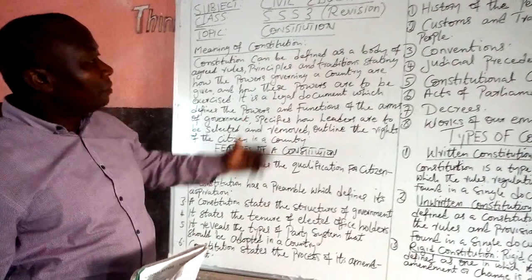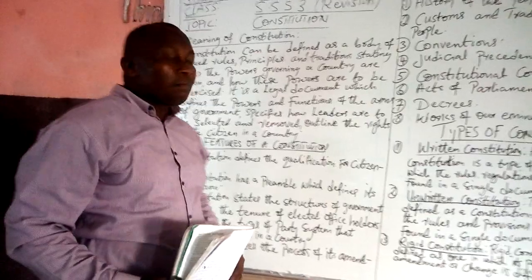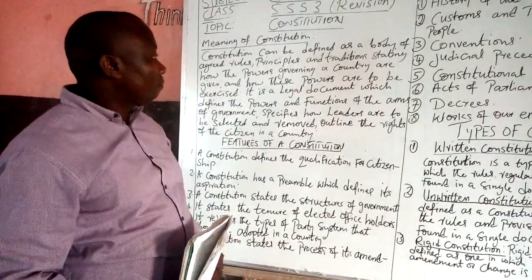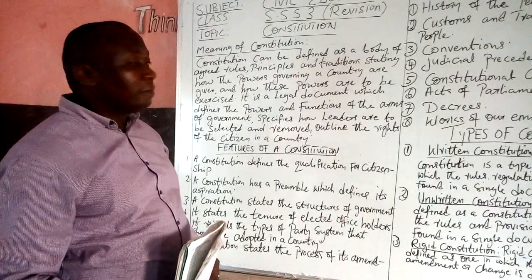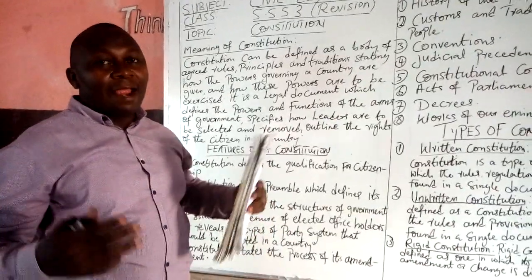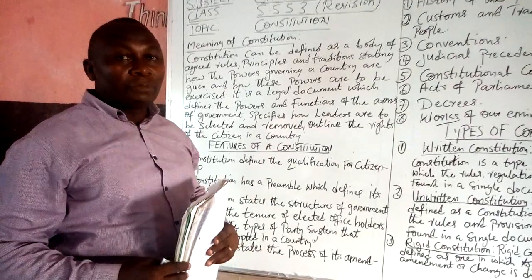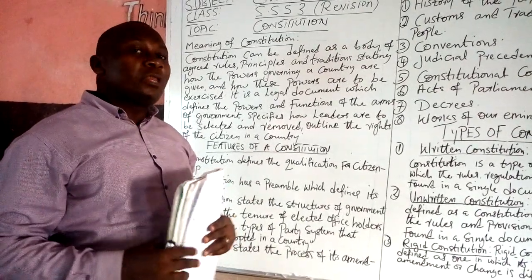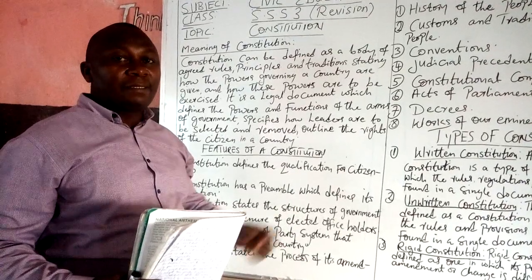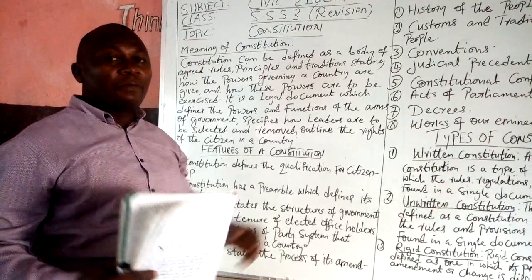To elaborate on this definition, the Constitution is a body of agreed rules, principles, and traditions, which means it is a document that is agreed in a country. Constitutions are not only used by a country; a constitution can be used by an institution, agencies, or a group of people.